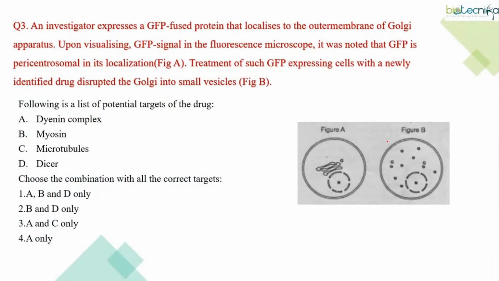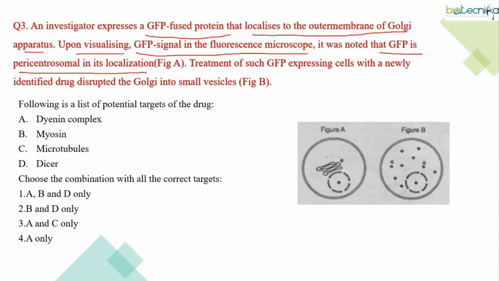Moving on to our third question: an investigator expresses a GFP fused protein that localizes to the outer membrane of the Golgi apparatus. Upon visualizing the GFP signal in the fluorescence microscope, it was noted that GFP is pericentrosomal in its location.